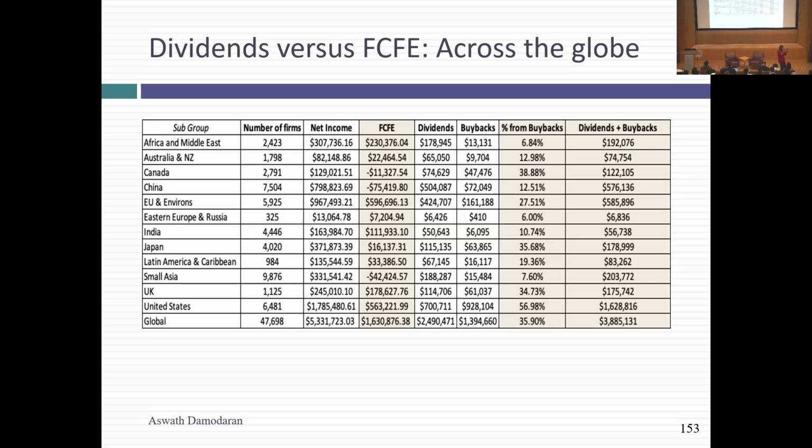As countries hit their peak growth and start to decline, you're going to see the same. So this is not good news for the US as an economy, because it suggests that you're on the wrong side of the life cycle, if countries have life cycles. If you're a high growth country, you should expect to see dividends and buybacks hold back below the free cash flow to equity because there's growth in the future. You want to hold back the cash. And you're going to start to see that play out across the regions.